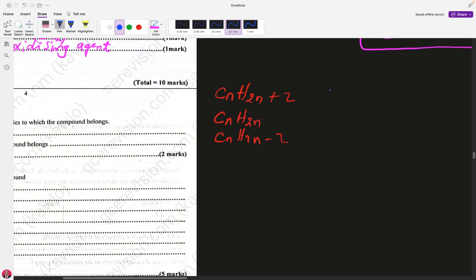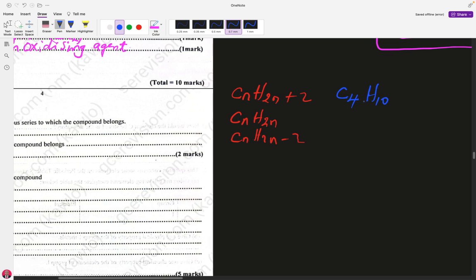The number of carbons here is 4, so 2 times 4 is 8, and 8 plus 2 is 10. So H10. Does it correspond to that?